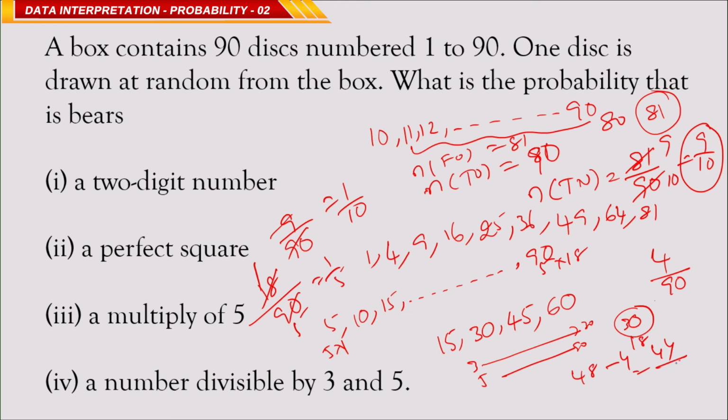So, 44 by 90, means 22 by 45. This is a very important thing. So, 22 by 45 gives the number of numbers divisible by either 3 or 5. But the question here is numbers divisible by 3 and 5, that is 15, 30, 45, 60. So, there are 4. So, favorable outcomes is 4 and the total outcomes is 90, that is 4 by 90. Is it clear? Okay.